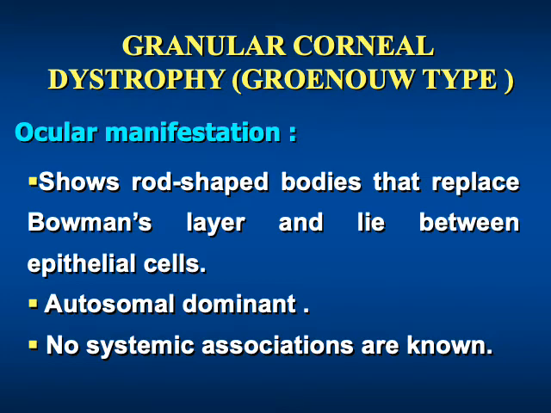The second type is granular corneal dystrophy. It is the ocular manifestation. It shows rod-shaped bodies which replace the Bowman membrane and lie between the epithelial cells. It is autosomal dominant, with no systemic association known.